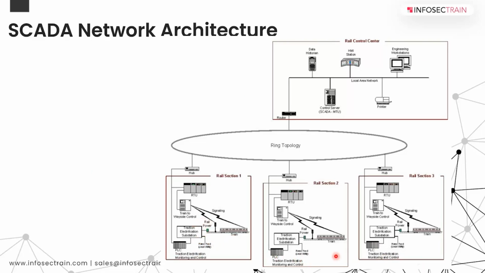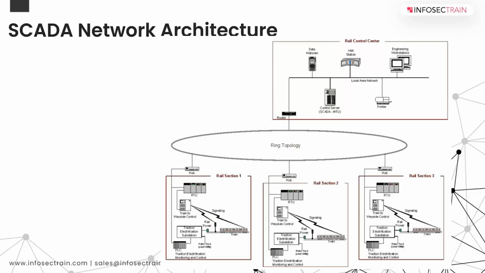So this information is again fed to the operator over here. So the SCADA system monitors the inputs at the different centers and disperses all the information to the rail section components. In addition, the SCADA system also monitors the condition of individual rail sections. So this is something very important.